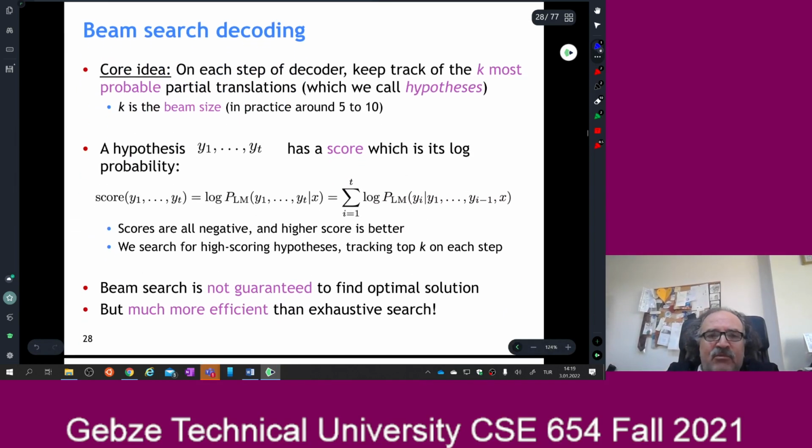Instead, I am going to do this beam search. Does anybody know what beam search is? Maybe from other courses like heuristic optimization, maybe an algorithm course. Can anybody tell me what beam search is?